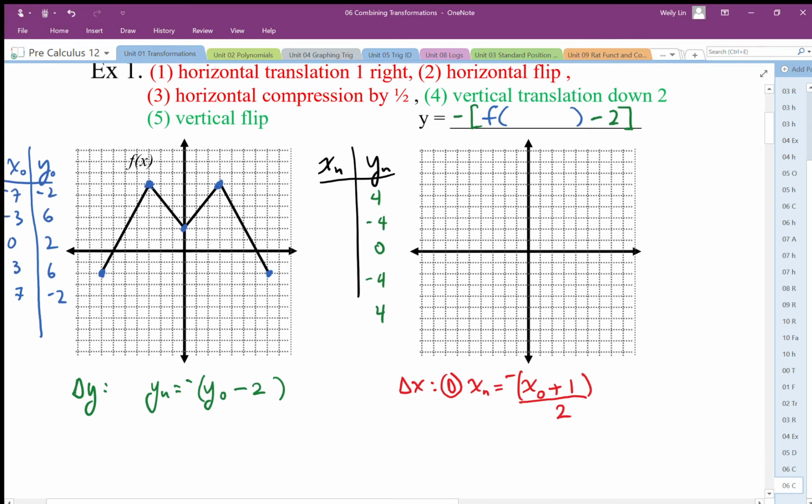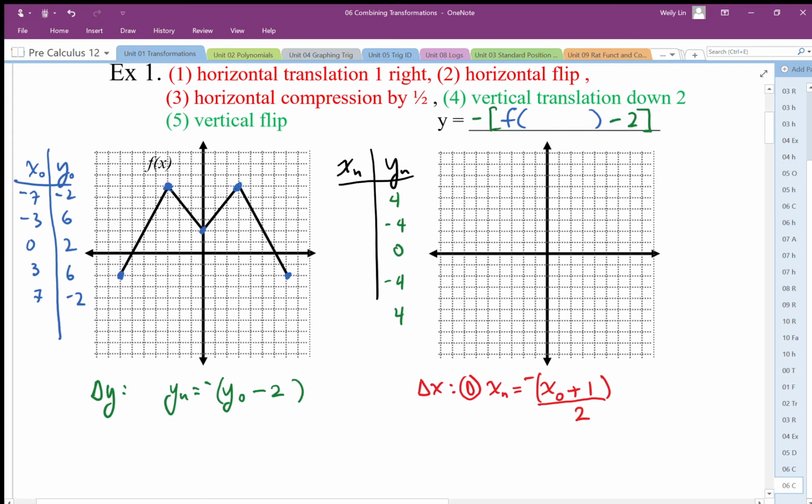So this is what's going to actually happen. This is what I'm going to use to transform the coordinates. So I'm going to add 1, flip, so it's going to be +6, divided by 2, so +3. -3 plus 1 is -2, flip is going to be +2, divided by 2 is 1. 0 is going to be -1/2. 3 plus 1, flip is -4, divided by 2 is -2. 7 plus 1 is 8, -8 divided by 2 is -4.